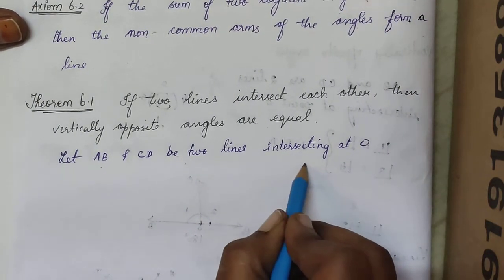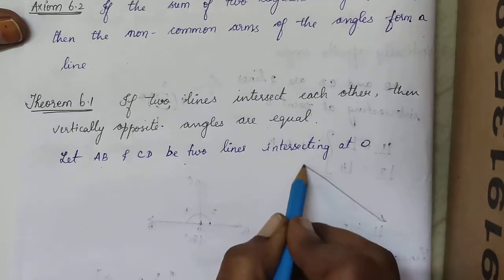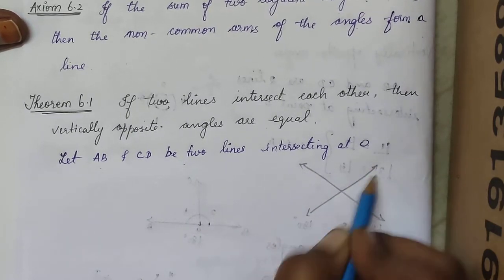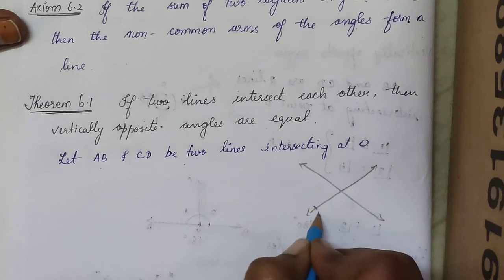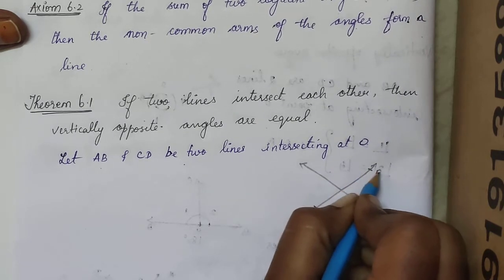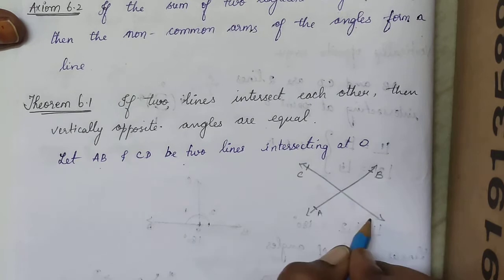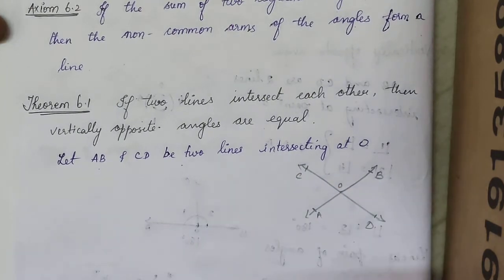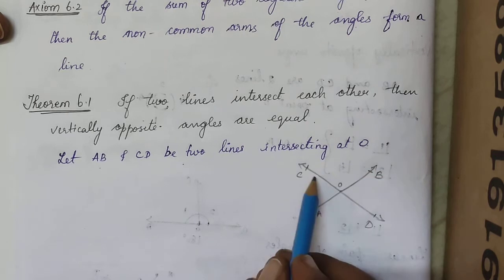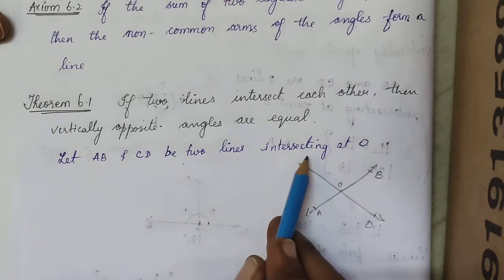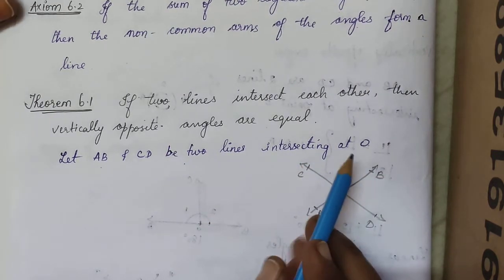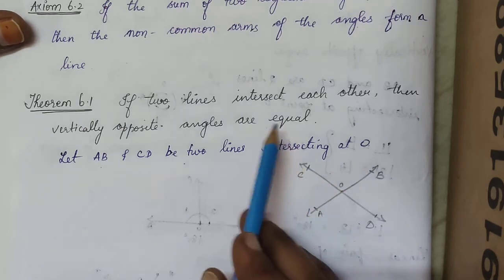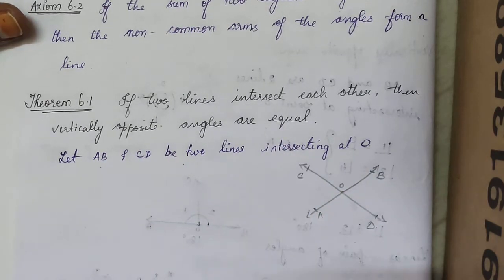Now draw that figure. A, B, C, D. This intersects at the point O. AB and CD are the two lines intersecting at O. At this time, we have to prove that vertically opposite angles are equal.